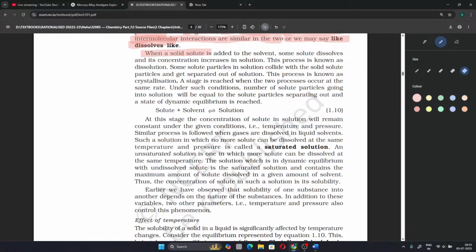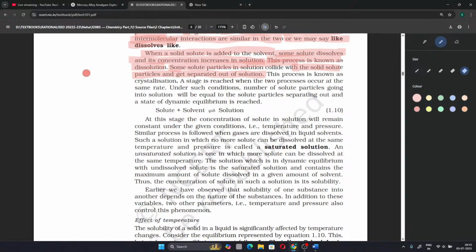When a solid solute is added to the solvent, some solute dissolves and its concentration increases in the solution. This process is known as dissolution. Some solute particles in the solution collide with the solid solute particles and get separated out of the solution.